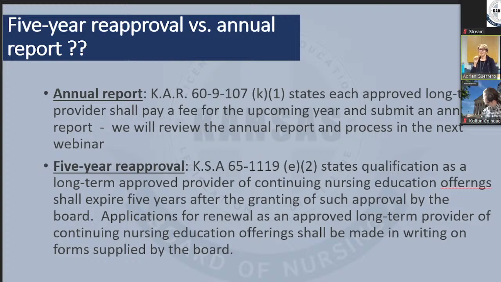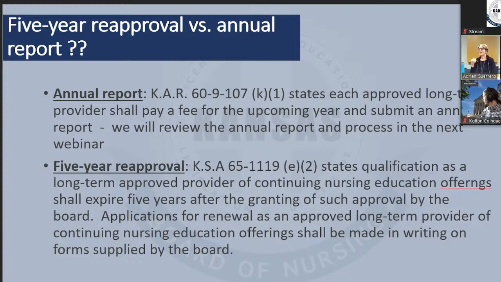Basically, if you are a long-term provider approved by us, you are approved for a 5-year period. And then at the end of that 5-year period, you need to submit a reapproval application. That application has to be in at least 60 days before a board meeting, and we'll talk about that in a minute. Once it comes in, I review it to see, do you have everything?